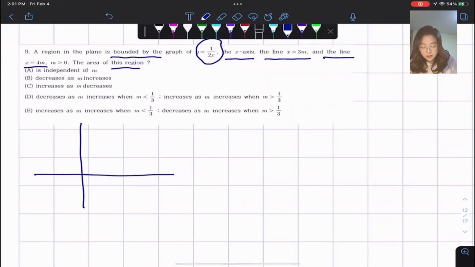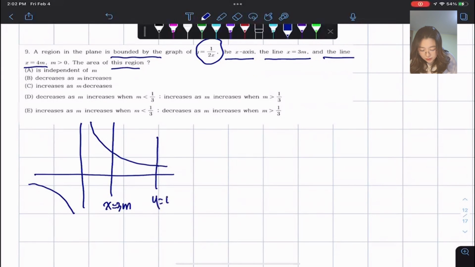This is a hyperbolic graph with the y-axis as asymptote like this. And the range is x equals 3m to x equals 4m. The range is like this.